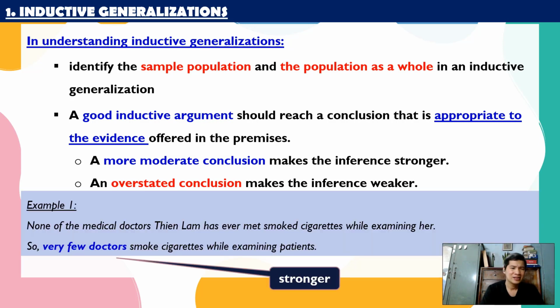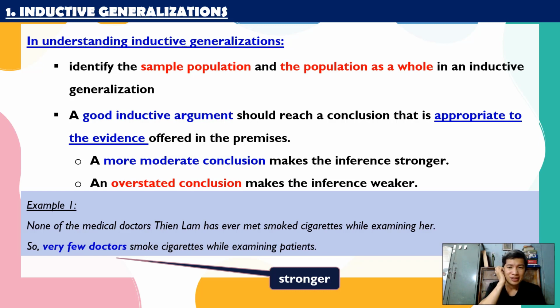Have a look at this. None of the medical doctors Tien Thinh has ever met smoked cigarettes while examining her. This is the sample population, is it right? Then we have to ask the question, how many doctors has Tien Thinh met? 2, 5, 10, 20, 50?